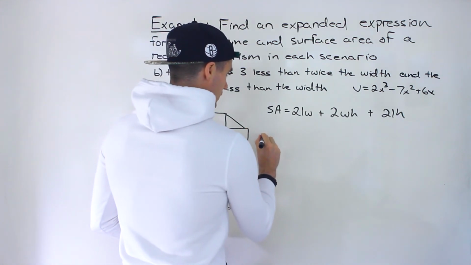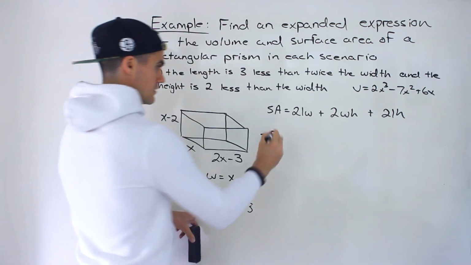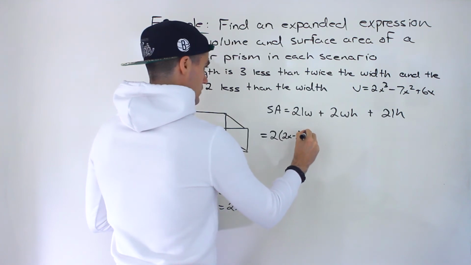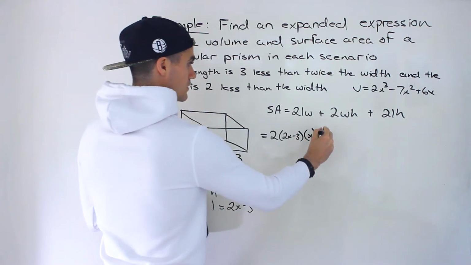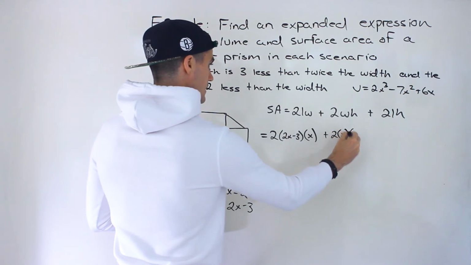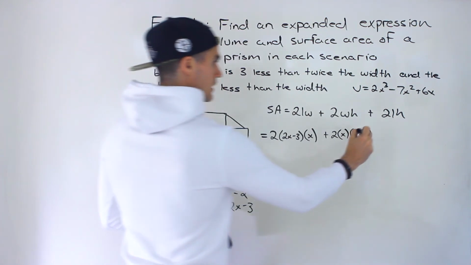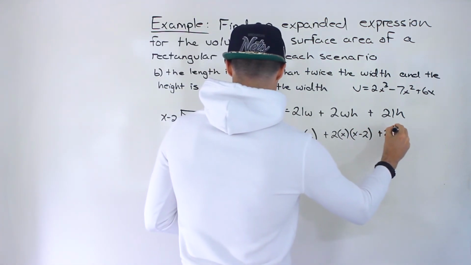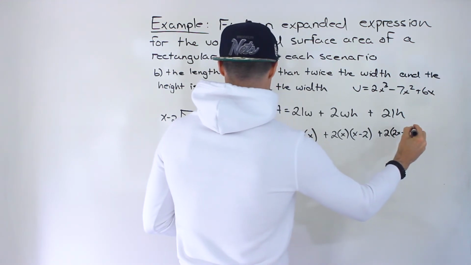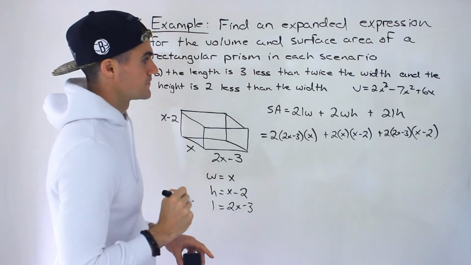So let's have some space here. So we'll have the length, 2x minus 3, and then the width, which is just x over here. Then we'll have the width, which is x, and then the height, which is just x minus 2, and then we'll have plus 2, the length, 2x minus 3, and then the height of x minus 2, like that.